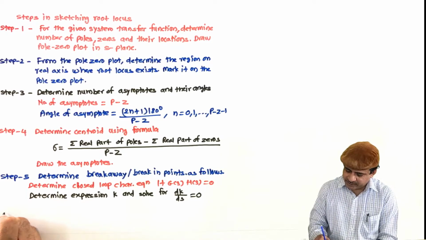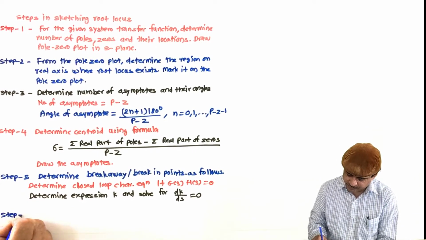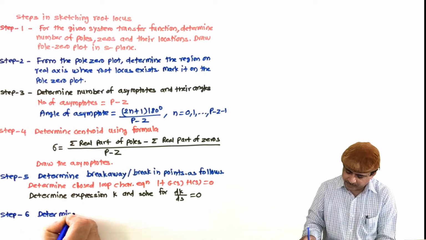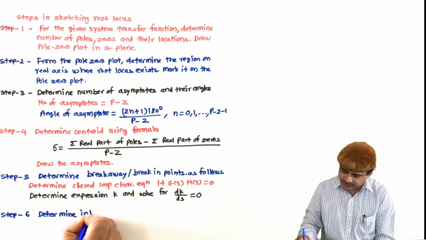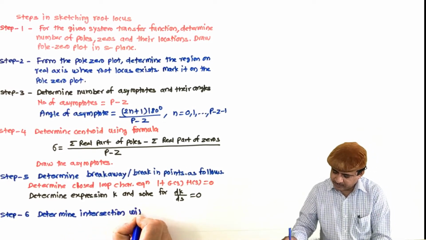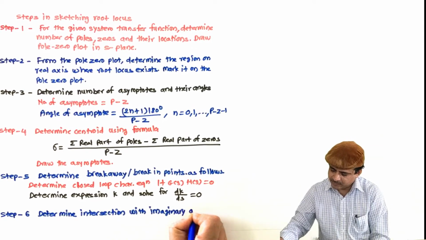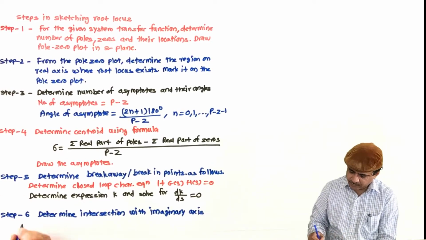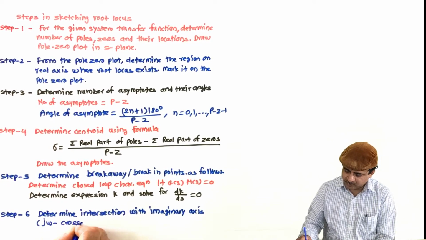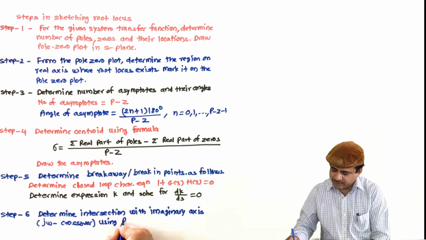Then step number 6 is: determine the intersection with the imaginary axis, that is also called the j omega crossover, using the Routh stability test.